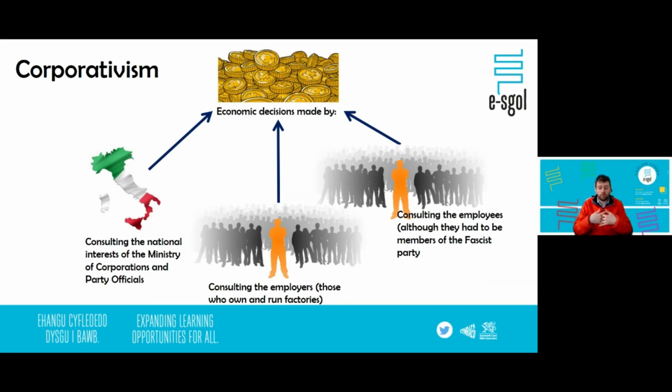You had to consult with employers, those who owned and ran the factories, and with employees, but crucially, you had to be a member of the fascist party to be an employee who could feed into that decision-making process. So when we're talking about who's defining the interests, it is almost certainly the fascist party, not Italian people as a whole.